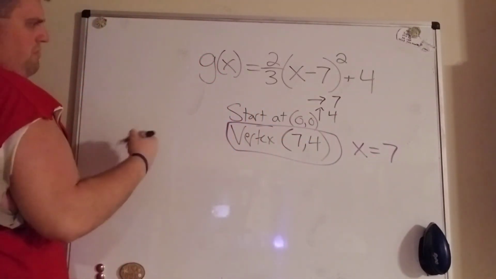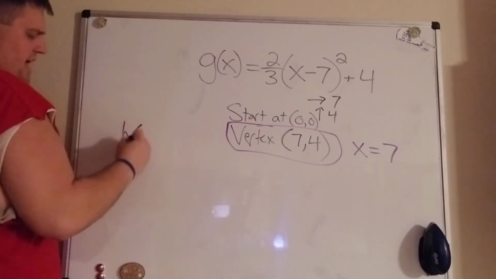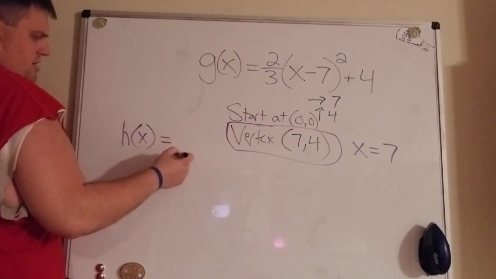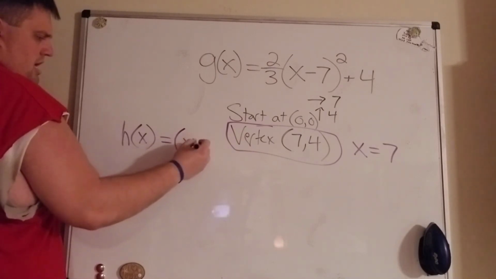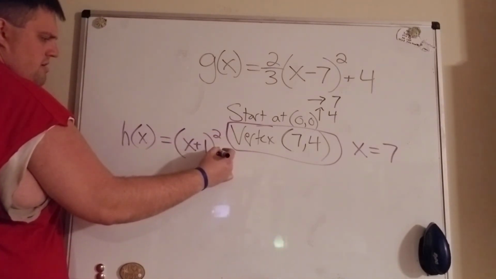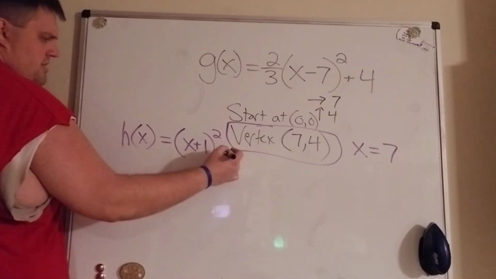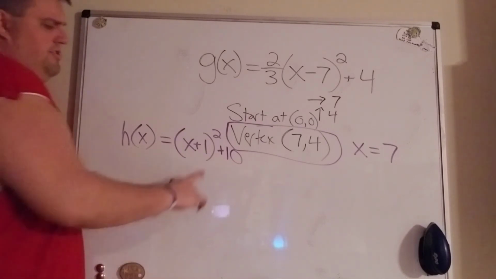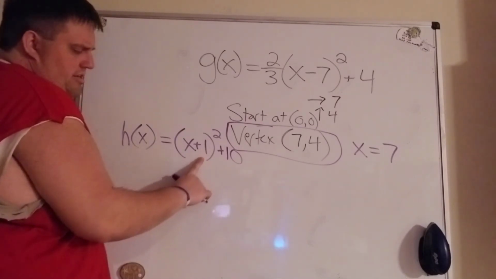So let's say I give you one more. Let's say h of x is (x plus 1) squared plus 10. My horizontal shift is in here.